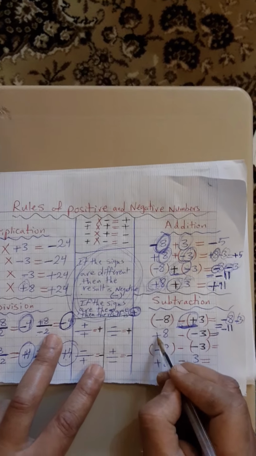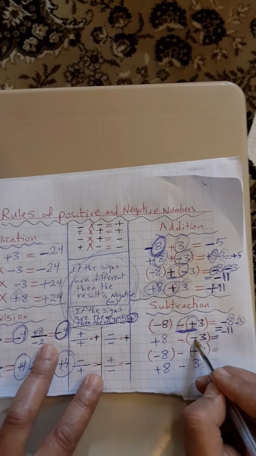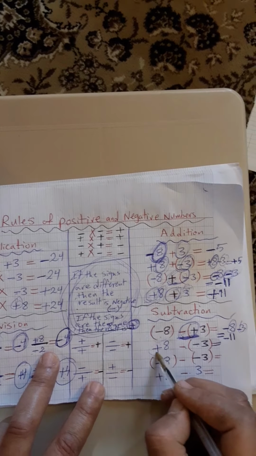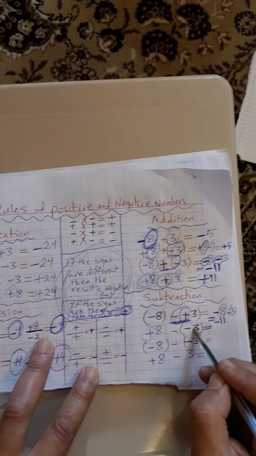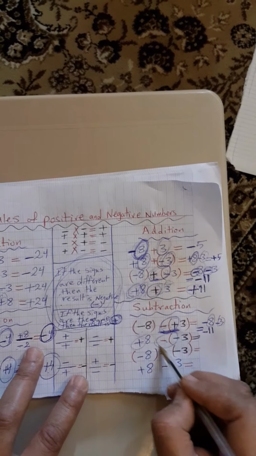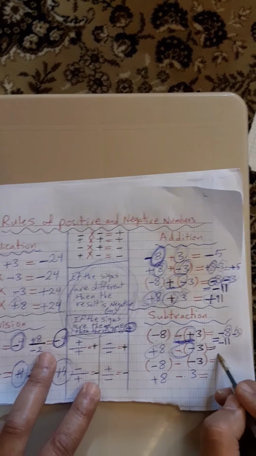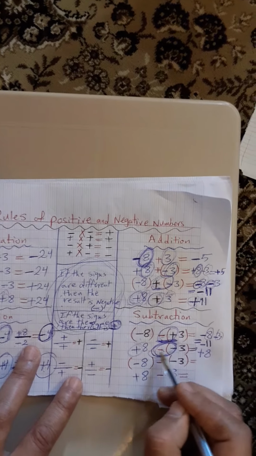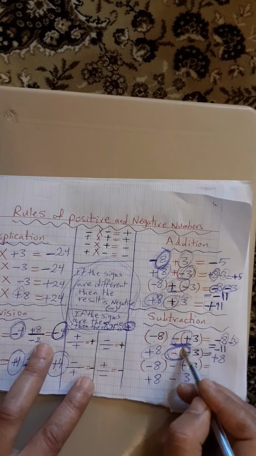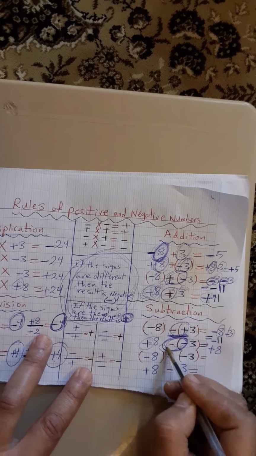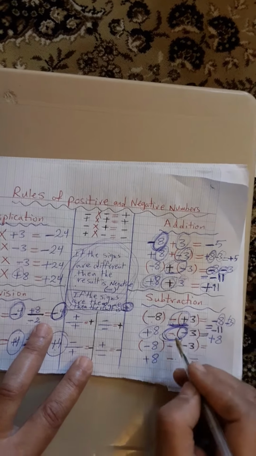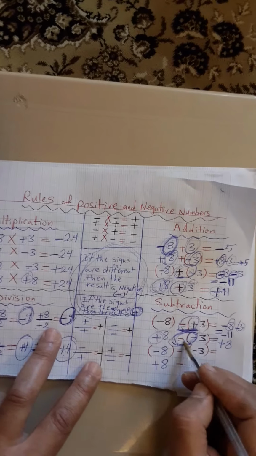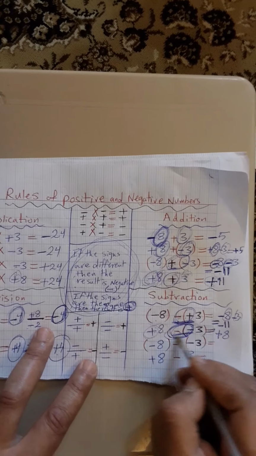The second example in the subtraction operation: plus 8 minus minus 3. The sign of 8 is plus. But the sign of 3 changes after removing the bracket. Plus 8, we must multiply minus by minus, minus inside the bracket and minus outside the bracket. For removing the bracket, you must multiply signs.